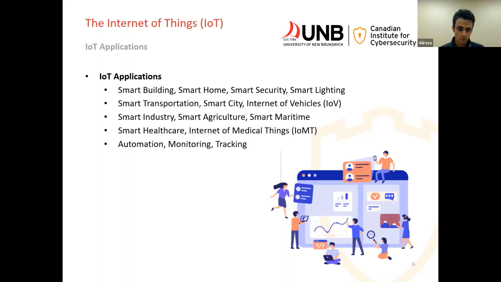Moving one step further, we have smart transportation, smart city, Internet of Vehicles, which is basically a complete city with every building, every house, every vehicle, every intersection, traffic light is smart and connected to the internet, and all these devices are transmitting data to each other through the cloud servers and provide real-time applications such as IoV and automated driving, using, for example, cellular protocols such as 5G or hopefully 6G.